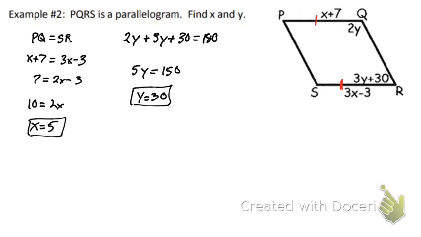With so many mistakes, is that the correct answer, or did I make other mistakes along the way? That's right. What can I do to check it? Substitute it in. 2 times 30 equals 60 degrees. So that means this should be 120. Well, 3 times 30 is 90, plus 30 is 120. So in fact, I know those measures then.